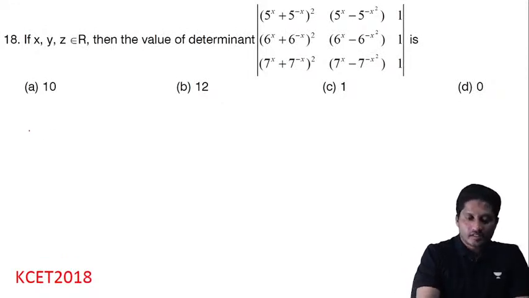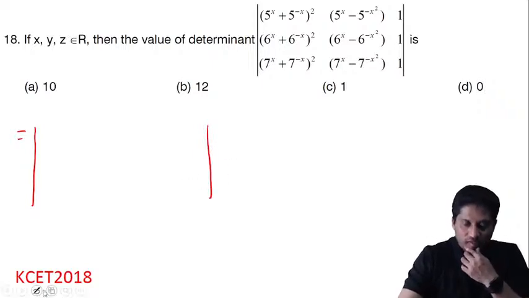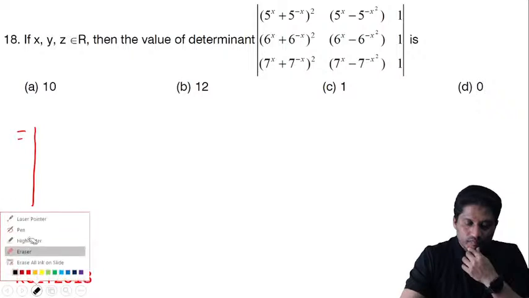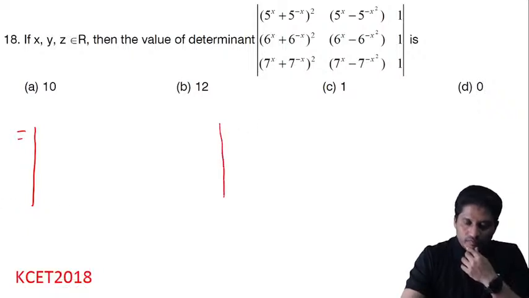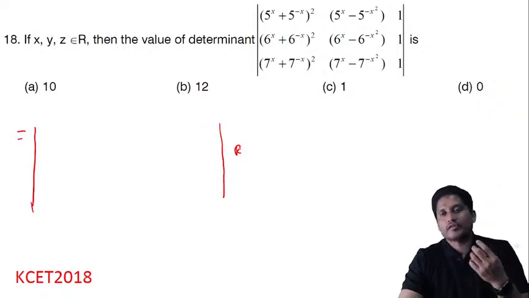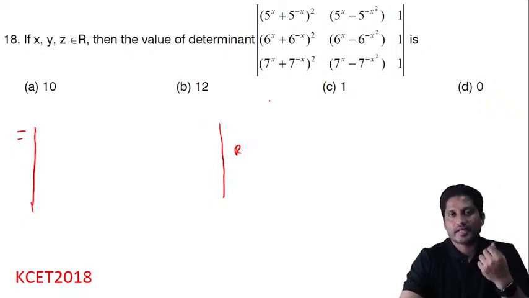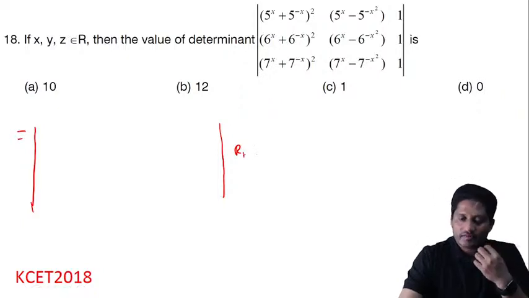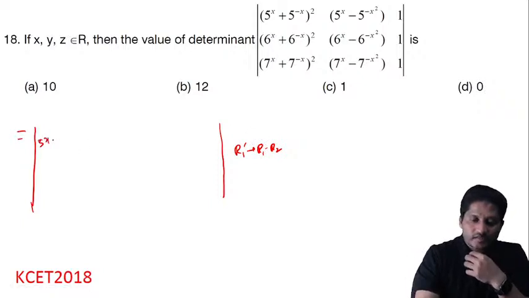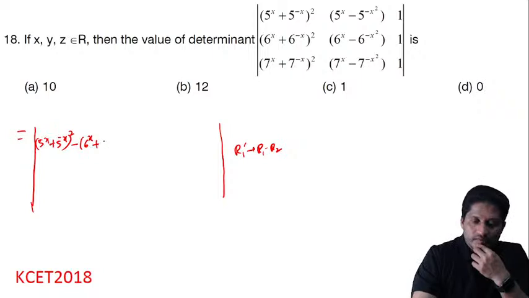Okay, now listen. This is equal to determinant of... If I change R1 to R1 minus R2, okay, if I change R2 to R2 minus R1, whenever you have 1 1 1, anyways you have to make any two zeros. Right. So if I change R1 to R1 minus R2, 5 power x plus 5 power minus x the whole square, minus 6 power x plus 6 power minus x the whole square.